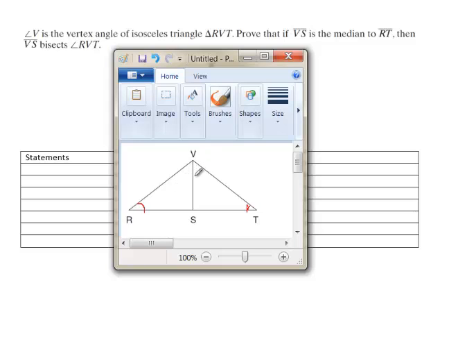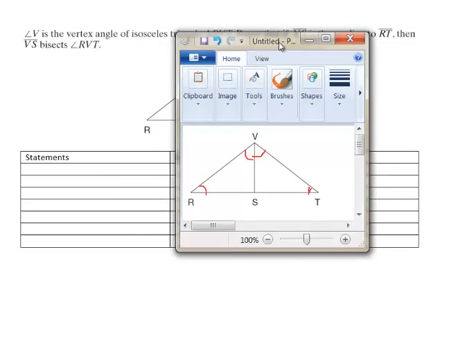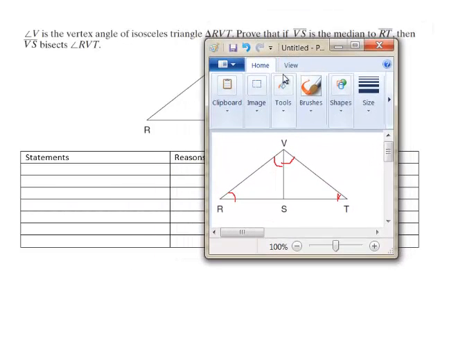Prove that if VS is the median to RT, so we're going to make that assumption. We're going to assume that VS is median to RT, then VS bisects RVT, which means that this angle would equal that angle, because bisecting means it splits it into two. So let us go ahead and see how we would go about proving that.